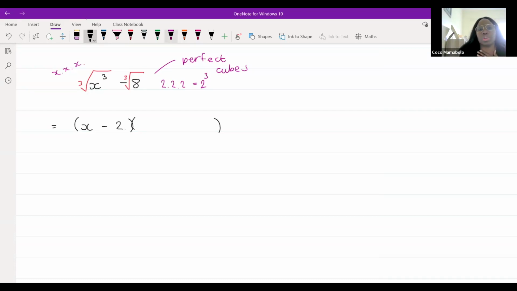We take x and put it over here and square it, so we get x squared. Now, all the way at the end, we take -2 and square it. If I square -2, what am I going to get?